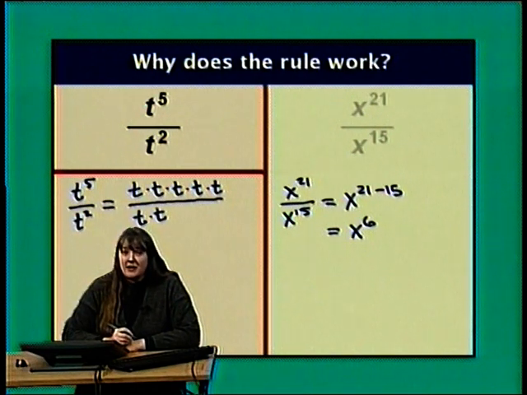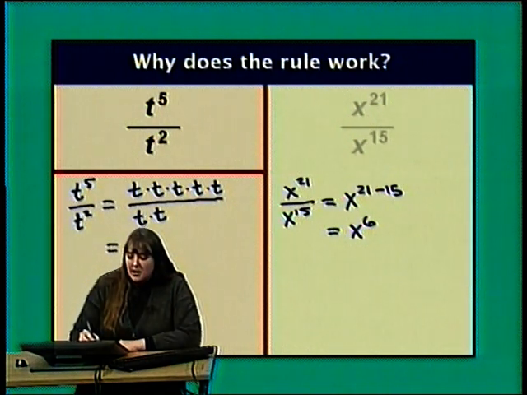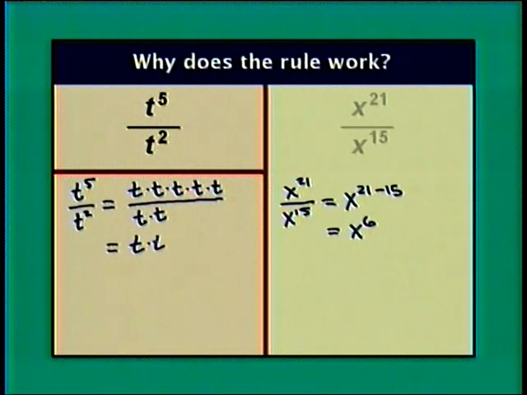If I cancel those 2 factors of t in the denominator with 2 of the factors of t in the numerator, I'm left with 3 factors of t, which I can write as t cubed. Again, we can think of this as t to the 5 minus 2. We're subtracting exponents. We've taken those 2 factors of t in the denominator and canceled them with 2 of the factors of t in the numerator, leaving 3 factors of t.